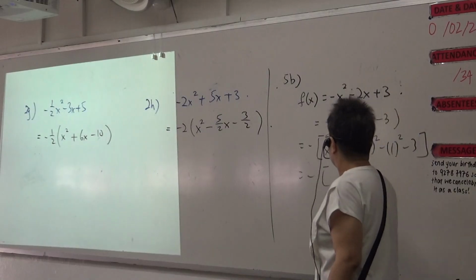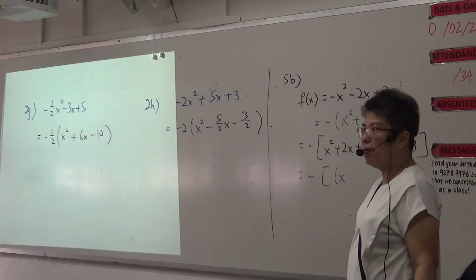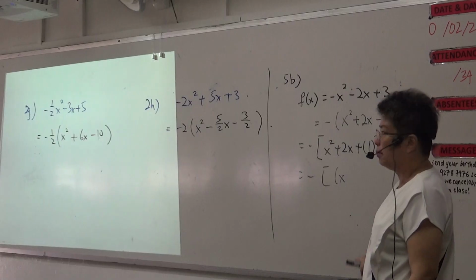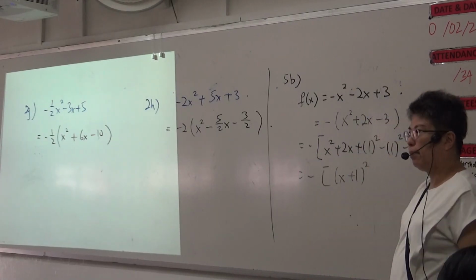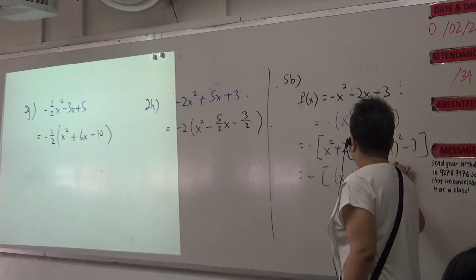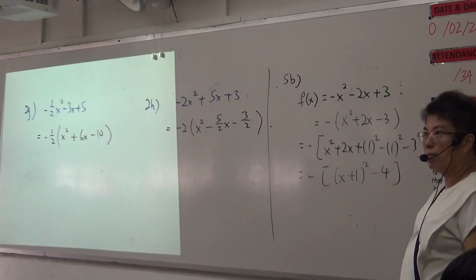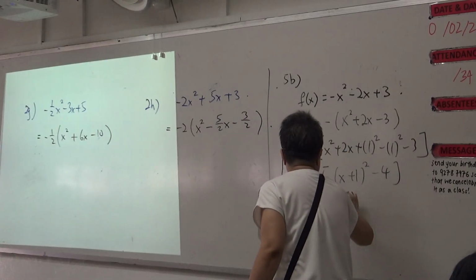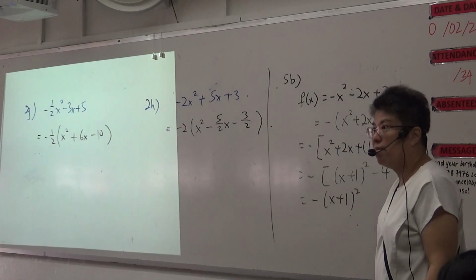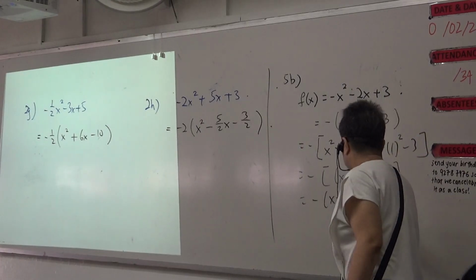Easy. Whole class, x what? Plus 1 squared. Negative 1. Negative 4. Can we leave it like this? No. Negative x plus 1 squared, then plus 4.